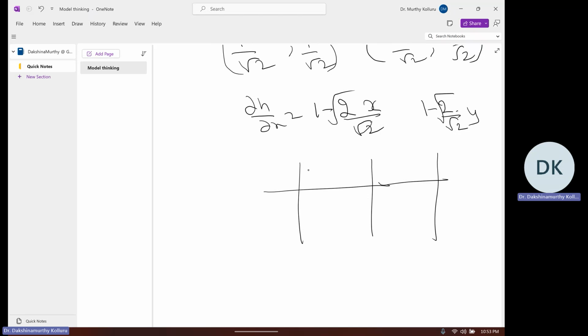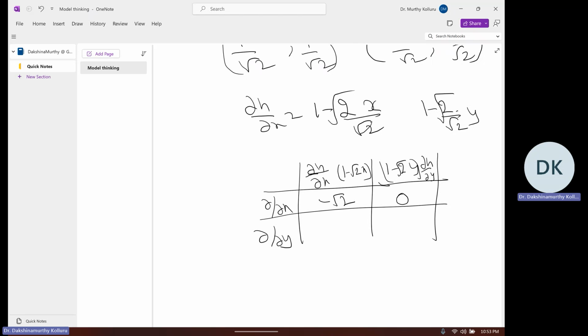Substitute for dou h by dou x, which is 1 minus root 2 x, and dou h by dou y, 1 minus root 2 y. And I need to do dou by dou x of both, dou by dou y of both. Dou by dou x of this thing is minus root 2. Dou by dou x of this thing is 0. This will obviously be 0, and this will be minus root 2. If I had taken minus 1 by root 2, it would have been plus.